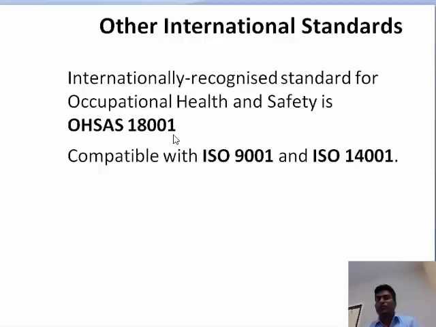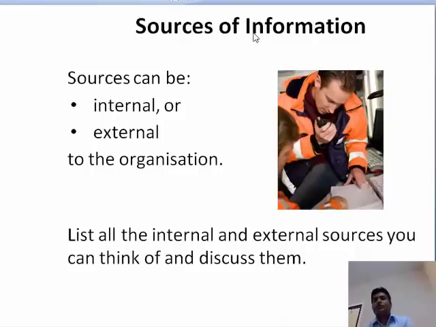It makes your company a standard at the global market and is compatible with ISO 9001 and 14001. That means maximum rules are matched in both. So these are compatible.